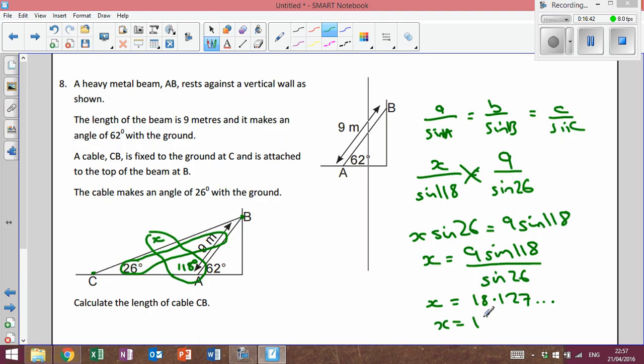Let's do 3 sig figs. 18.1 meters. Okay, marking, you've got a mark for that 118. I would encourage you just doing the diagram, that's going to pick it up. A second mark for using the sine properly, third mark for rearranging, and a fourth mark for your answer there at the end. Maybe a fifth mark in there for knowing how to use the sine rule, but that would be quite generous, but I've seen it happen.